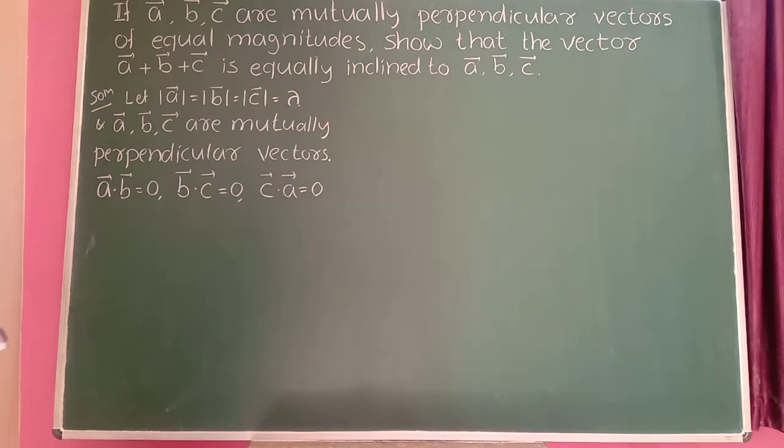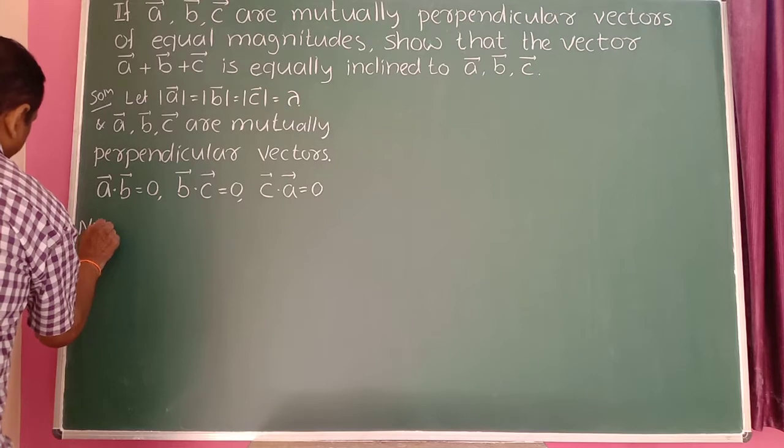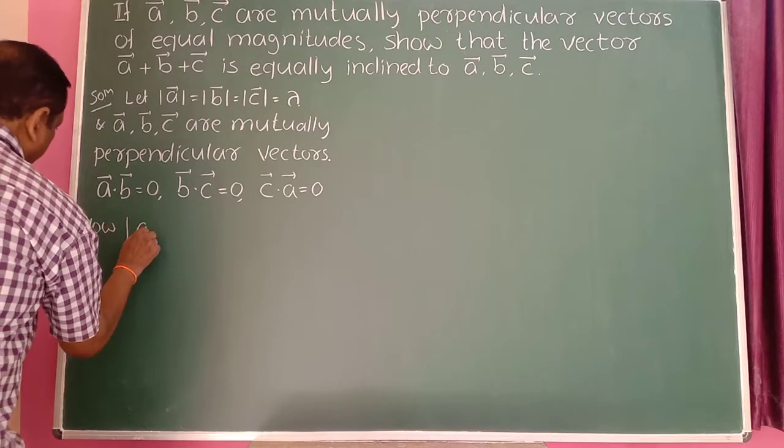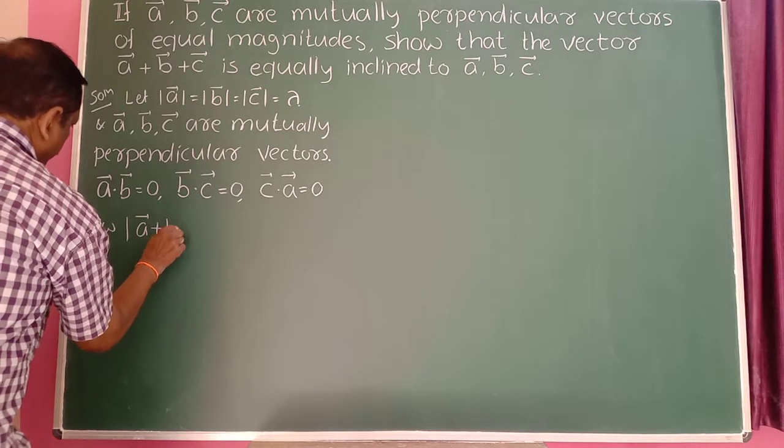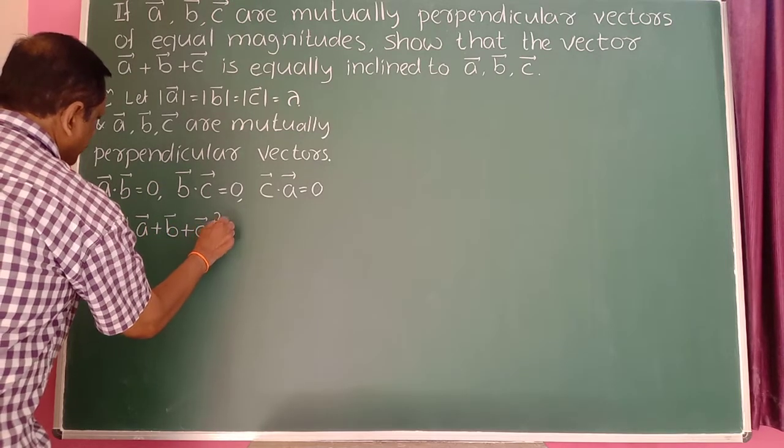Next, consider modulus of A bar plus B bar plus C bar, whole square.